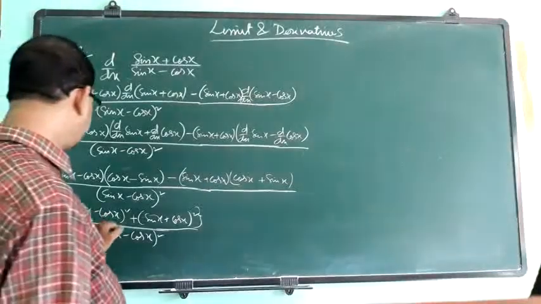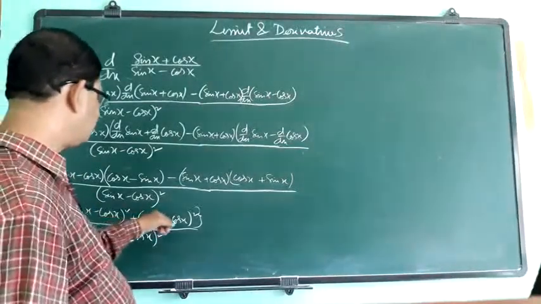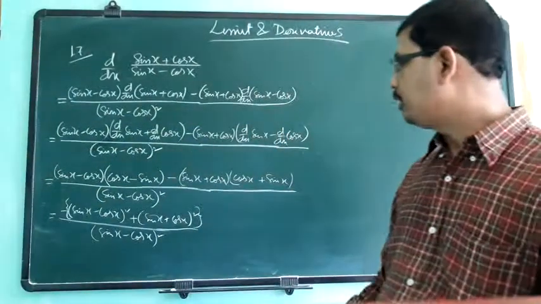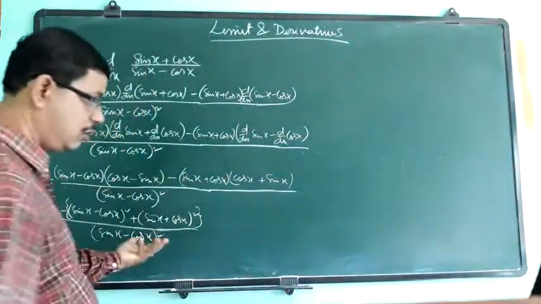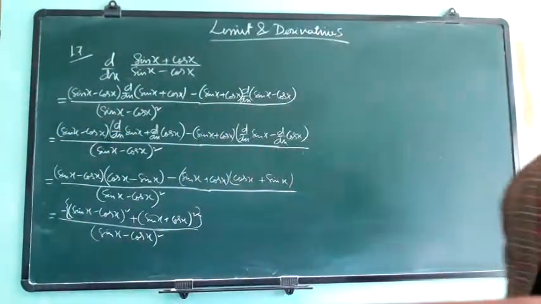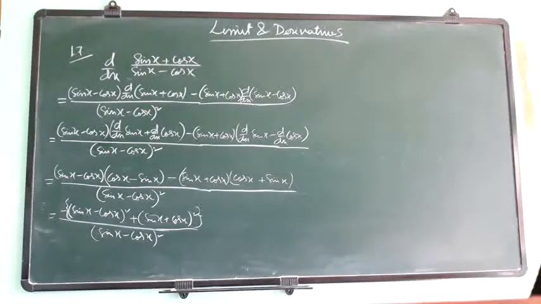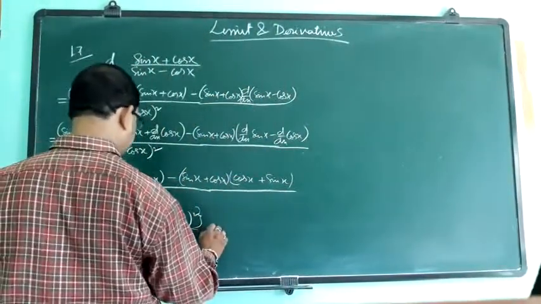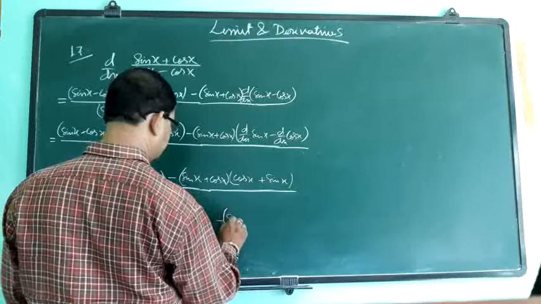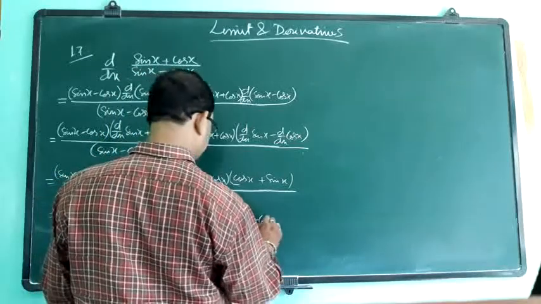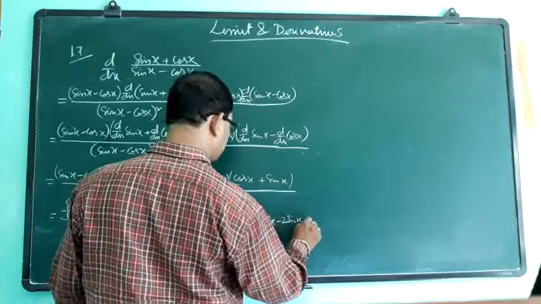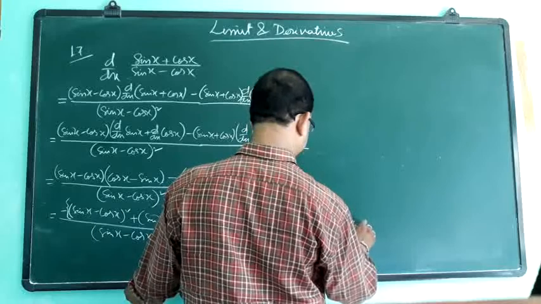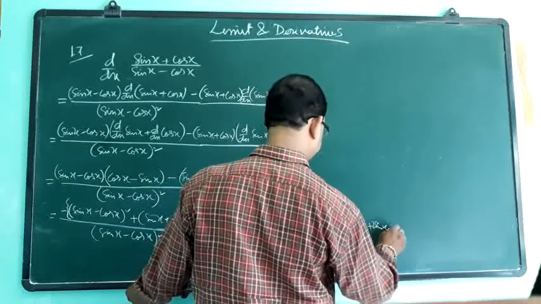So here if we break sin square, cos square, sin square, cos square, they will give this value. (sin x - cos x) whole square can be written as (a - b) whole square and (a + b) whole square. So if we break, we will get sin square x plus cos square x minus 2 sin x cos x, then here sin square x plus cos square x plus 2 sin x cos x.